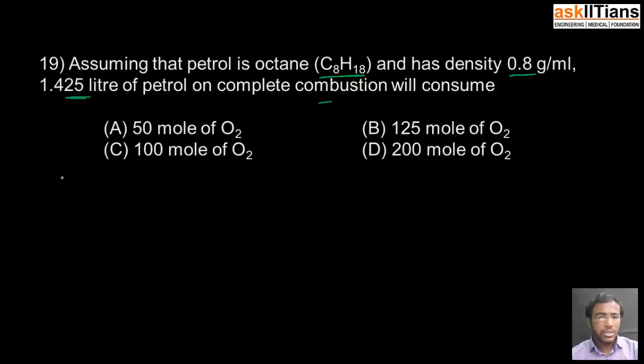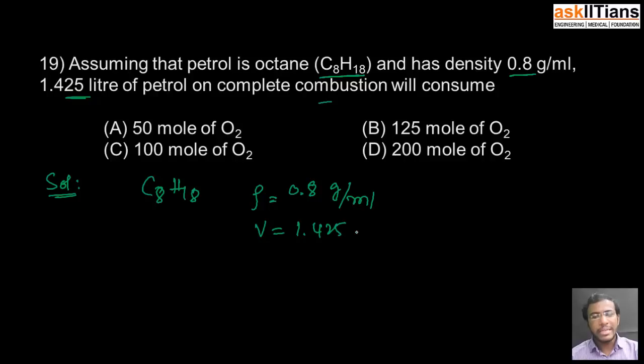In combustion questions, if you know the balanced equation, you can easily do it. Octane is C8H18, and its density is given as 0.8 gram per ml. The volume of the petrol, that is octane, is 1.425 liters. If I convert it into milliliters, it is 1425 milliliters.